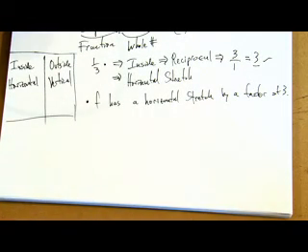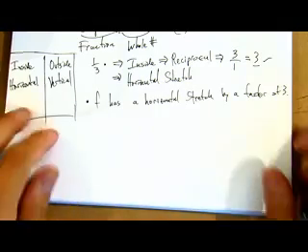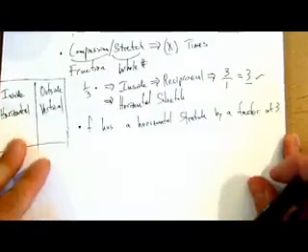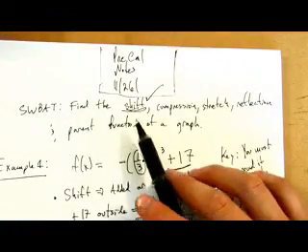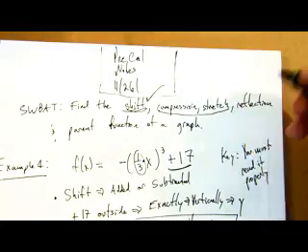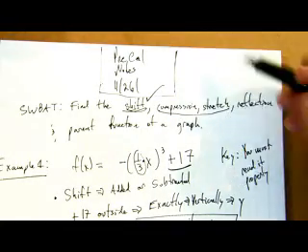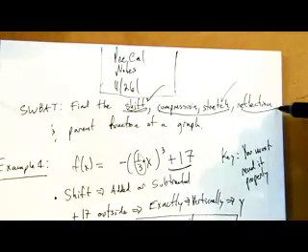Okay? And the last piece here, we're going to go back to the beginning. So we have shift is done. Compression or stretch, we found that ours was a stretch. That's done. Now we need reflection. Okay? And then we'll do our parent function.